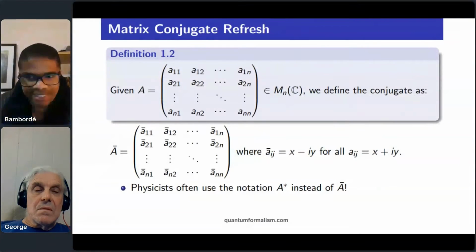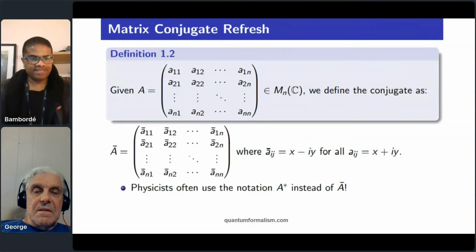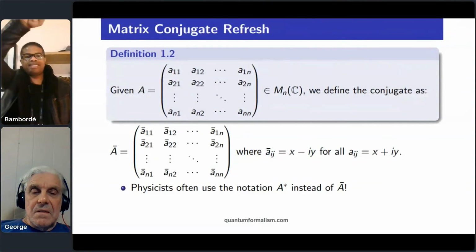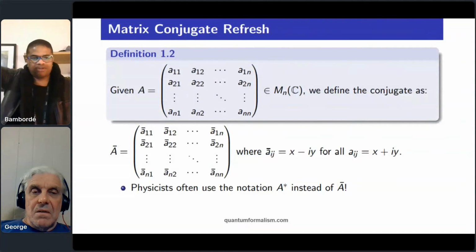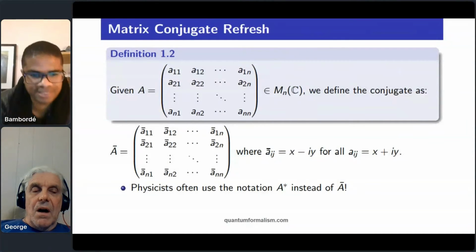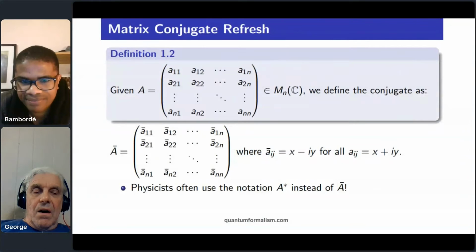You have the original matrix, and you just take the complex conjugate of the entries. I hope it's not confusing. It's just entry-wise conjugates.